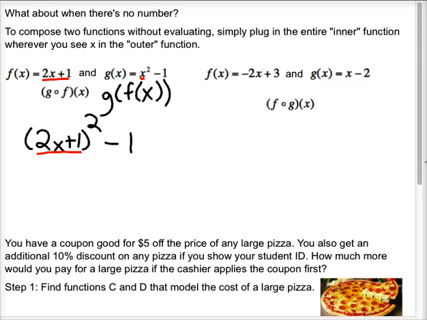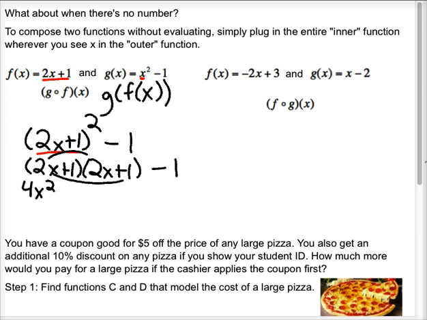Well, now I can't simply leave it like this. So what I'm going to do is FOIL this out, because remember, when you have that squared term, really we're looking at two factors. And so now you can see this can be FOILed. 2x times 2x is 4x squared, plus 2x plus 2x is a plus 4x.